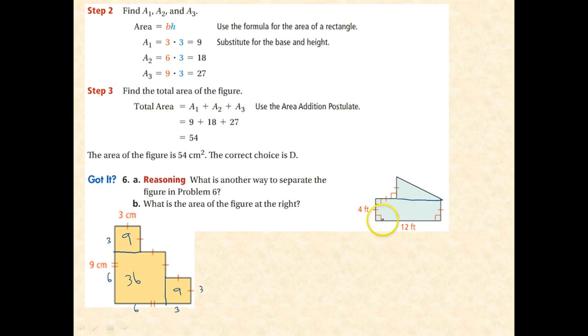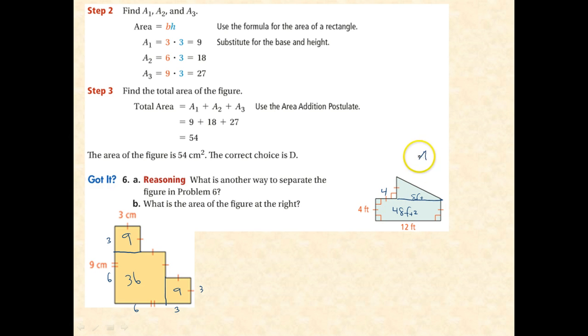My rectangle is 4 times 12. That's 48 square feet. My triangle, see, this is 4 feet also. So that means that this, from here to here, has to be 8 feet. Because 8 plus 4 is 12, and that's the whole distance there.